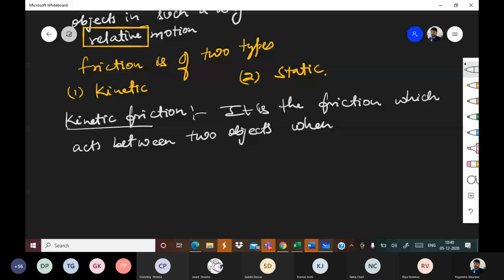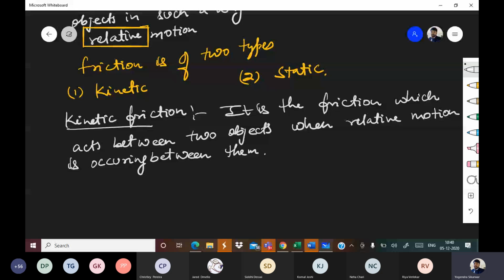So when the relative motion is already occurring, then kinetic friction comes into the picture.